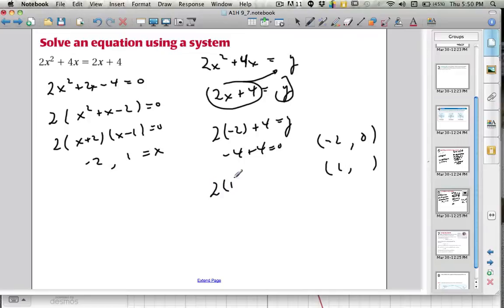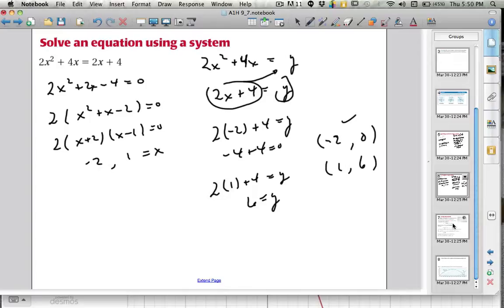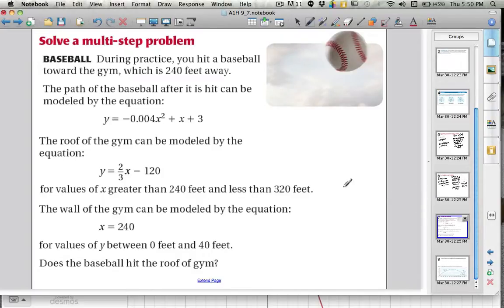Right? And if we plug the 1 in, 2 times 1 plus 4 is equal to y. Y is equal to 6. Okay, so that's a possibility. If I were specifically solving this equation, then let's not even go there. A lot of cleanup to do in this one.